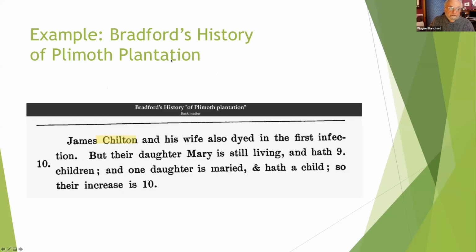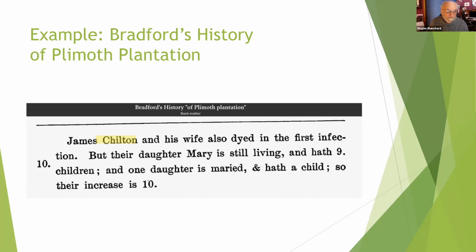So just as an example, going back to the Mayflower, Bradford's history of Plymouth Plantation also included basically a census. I descend from this James Chilton, really from his daughter Mary, because as it says here, they died.